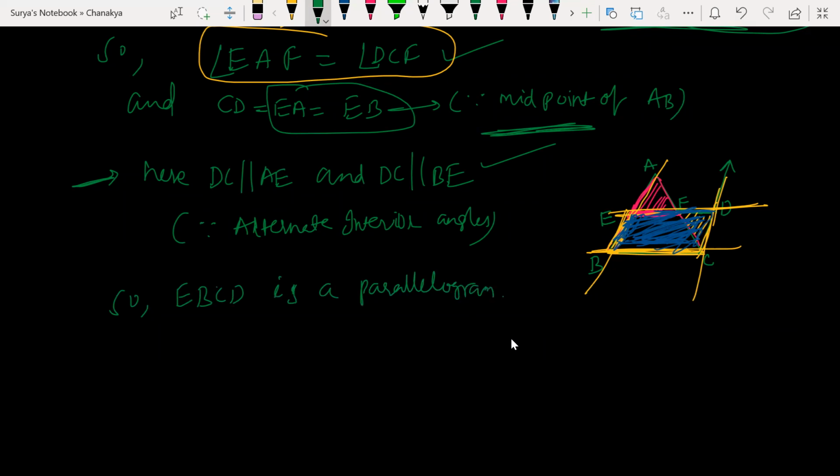Since it's a parallelogram, look at this here. If it is a parallelogram, clearly I could say that BC is equal to ED, opposite sides. And BC is parallel to ED as well. Yes or no?